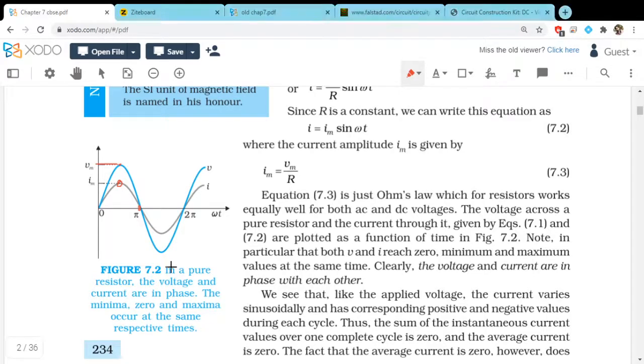So you understand the current and voltage are of the same nature. This is called the phase difference is zero. There is no phase, there is no dissimilarity. Voltage and current have the same nature. Current follows voltage, voltage follows current. They also indicated here pi. You know pi, here is 2 pi.